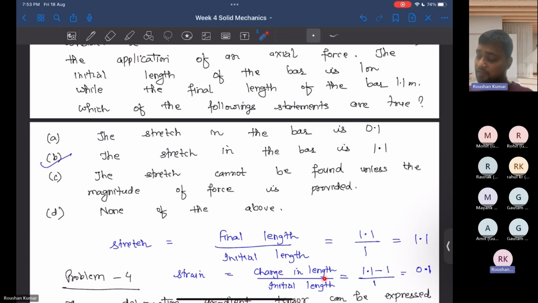So the change in length is 1.1 minus 1, and the initial length is in the denominator, as in the stretch definition. So 1.1 minus 1 upon 1 is equal to 0.1. The strain value in this case is 0.1, but the stretch value is 1.1.